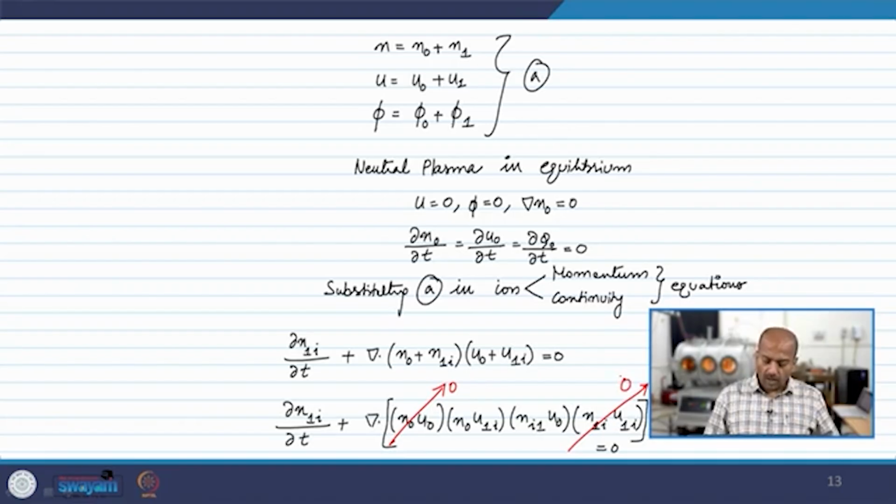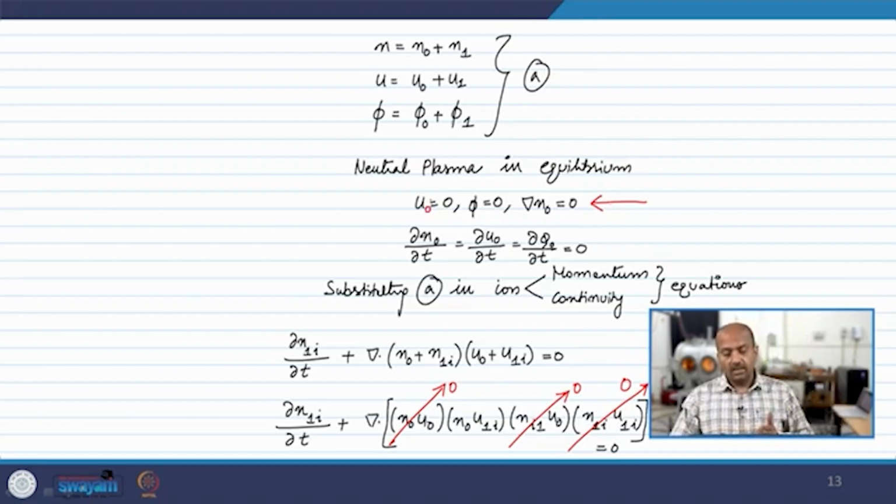And the N1i perturbation term multiplied by an equilibrium velocity, and we have considered the initial velocity to be 0, so we have to make it 0, right. So, you see this condition is being used here. The initial velocity U0 is 0 when things are not set into motion.